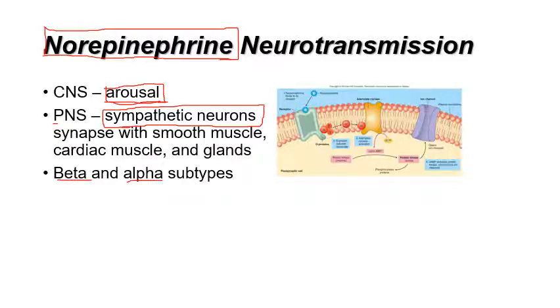Just like we saw with serotonin, the monoamine signaling is again through G protein coupled receptors. We're going to get a little more involved in the signaling of this, and it will make more sense when we get to cell signaling.